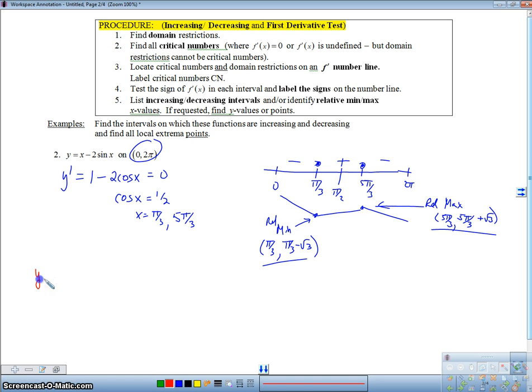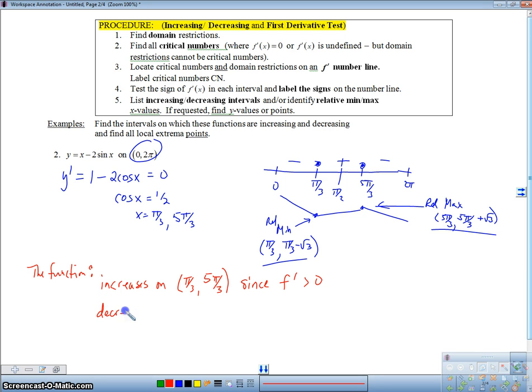So y, I like f, but let's write the function. The function increases on the interval from pi over 3 to 5 pi over 3 since, remember, we've got to justify, f prime is greater than 0.